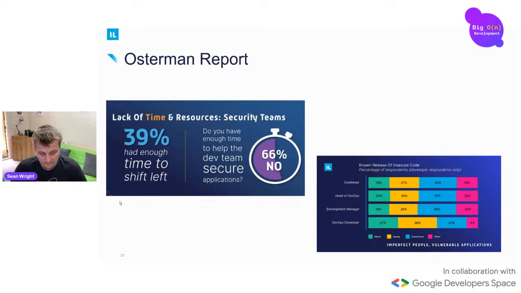And another thing that came out of the report is that people are releasing known vulnerable code. And many people might be shocked and try to blame the developers or development managers. And I don't. I think one of the problems is the drive to deliver functionality. But I also think there's a lack of awareness and knowledge of what some of those vulnerabilities actually mean.